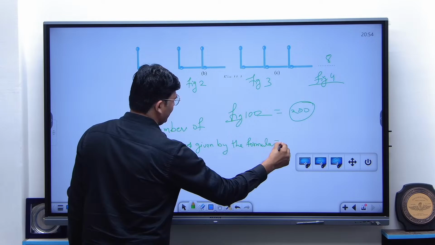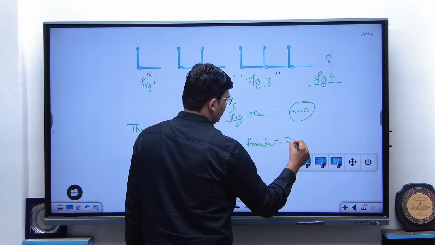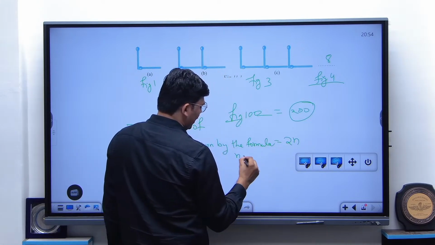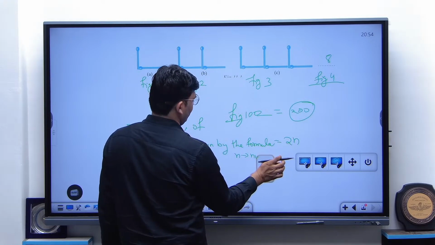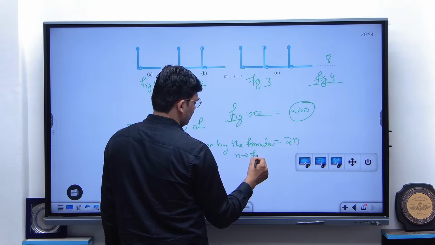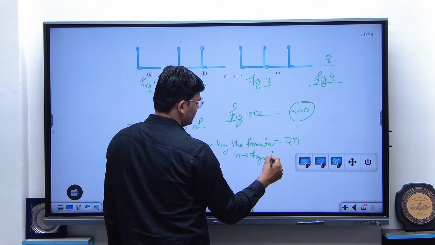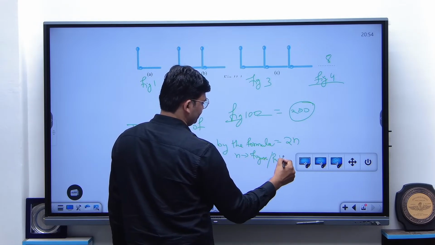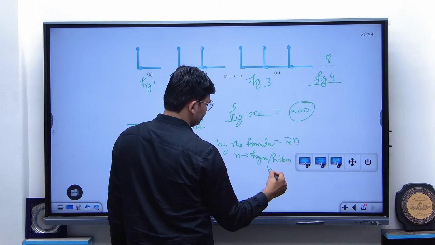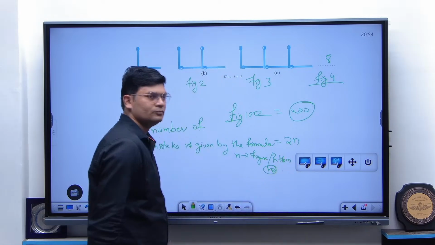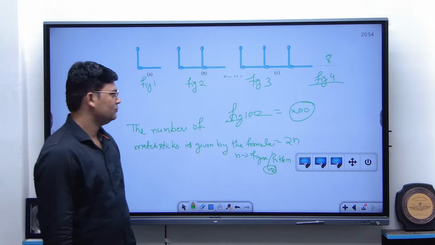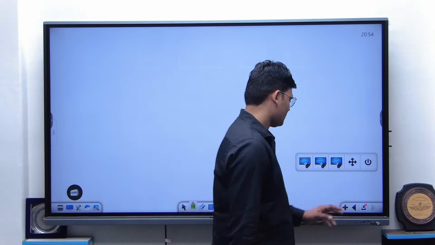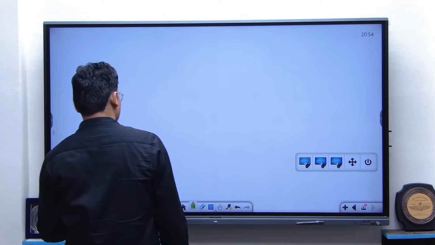What is the formula, dear? It is 2 times n, where n denotes the figure number, or we can say the pattern number. All right. Okay. Well done.